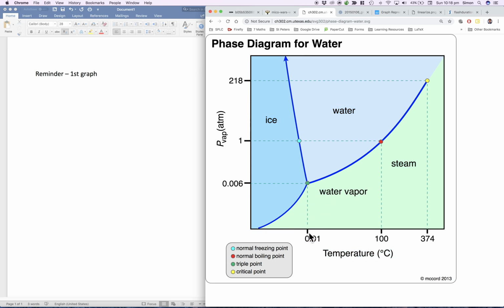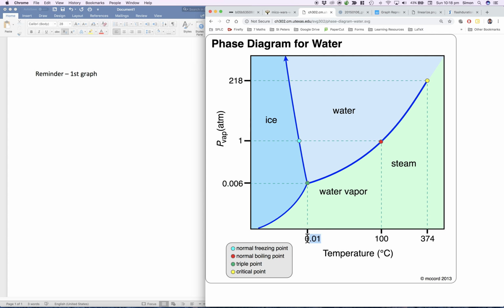Okay, so at low temperature and low pressure, that's the important thing, water has to exist in water vapor form, so it's kind of being pulled apart from each other in a vacuum, or it can exist as ice if the pressure is a little bit higher. But if the pressure is lower, it'll be water vapor.